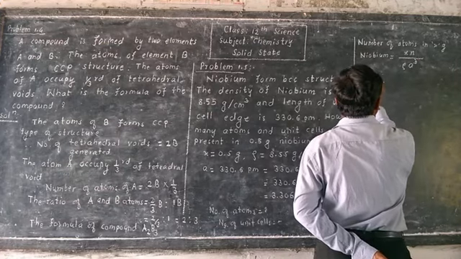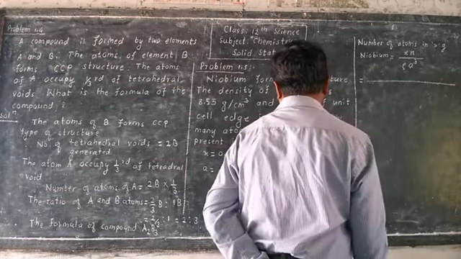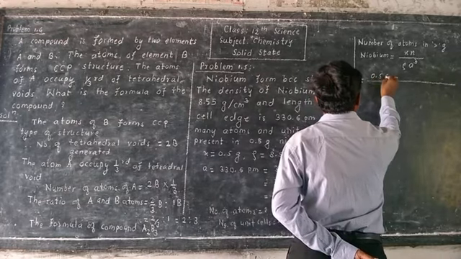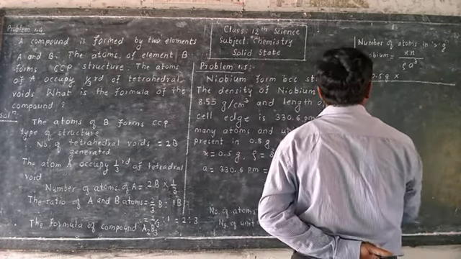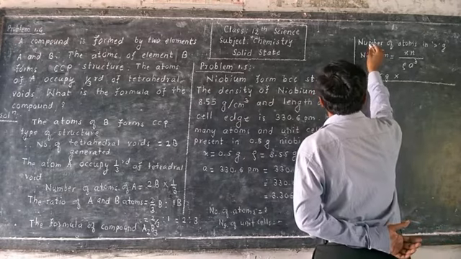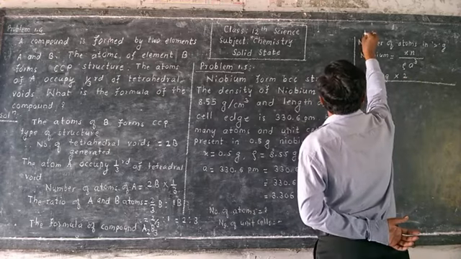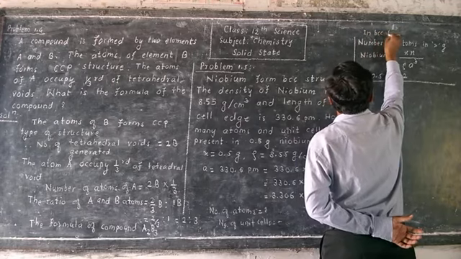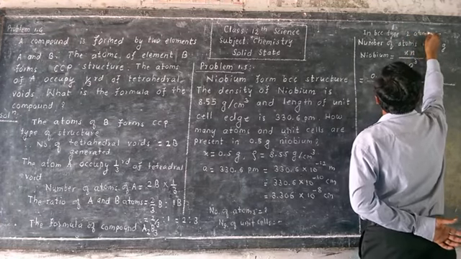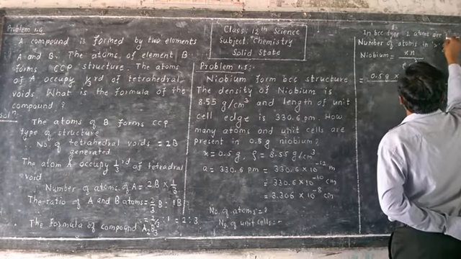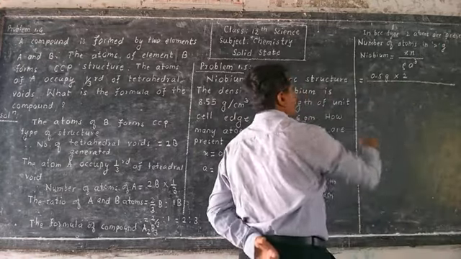So put in the values: X is 0.5 gram. Given type is BCC, so n will be 2, since in BCC type 2 atoms are present.